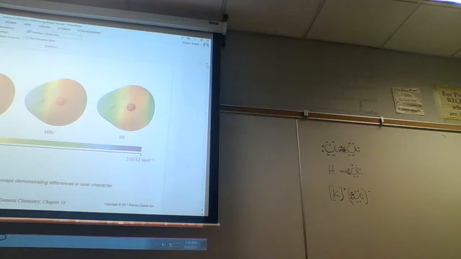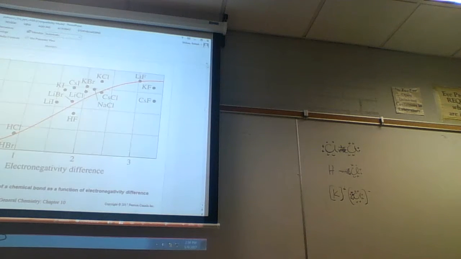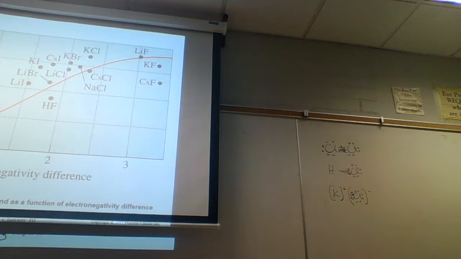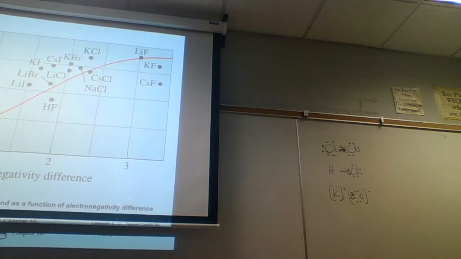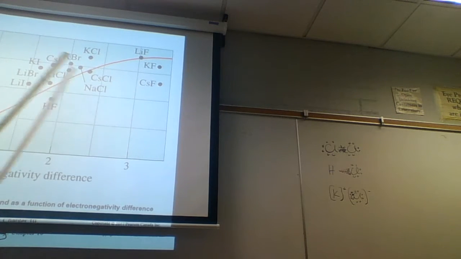And so if we take a look back here, what is the percent ionic character in KCl? The percent ionic character in KCl is about 80 or 90%.